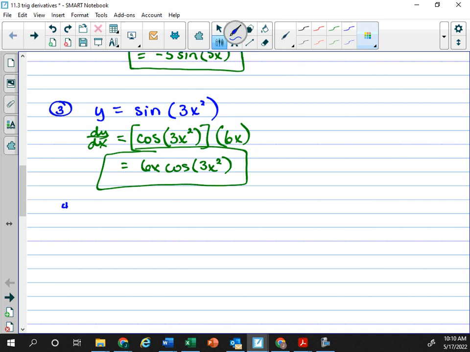All right, again, we're finding dy dx every time. y equals 3x cubed times the sine of 2x.